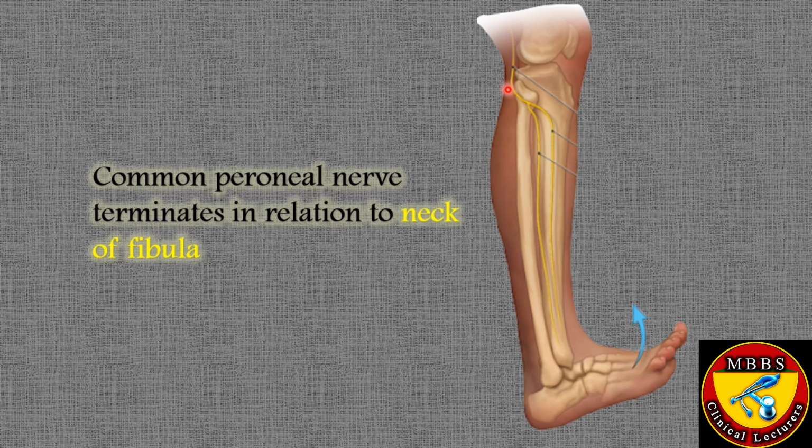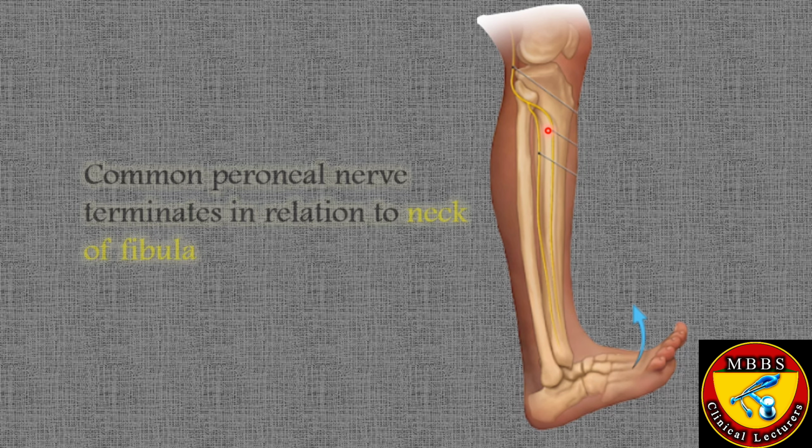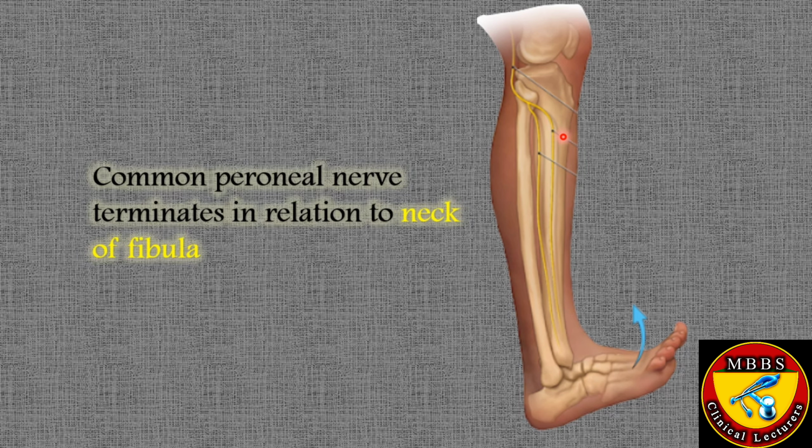The common peroneal nerve then bifurcates into two terminal branches, the deep peroneal and the superficial peroneal. The deep peroneal enters and supplies the anterior compartment, whereas the superficial peroneal stays in the lateral compartment and supplies it.